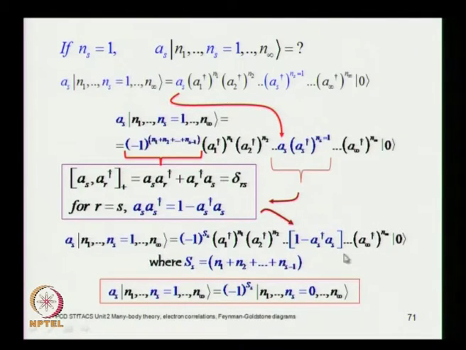So, that will give you a 0 null vector, and this is now your result. So, it is minus 1 to the power a certain sum which is not S, but it is n1 plus n2 plus everything up to ns minus 1. Okay. So, this is the phase that you get. Now, here ns must be equal to 1.